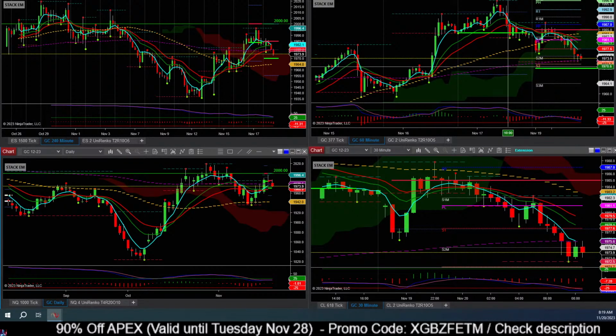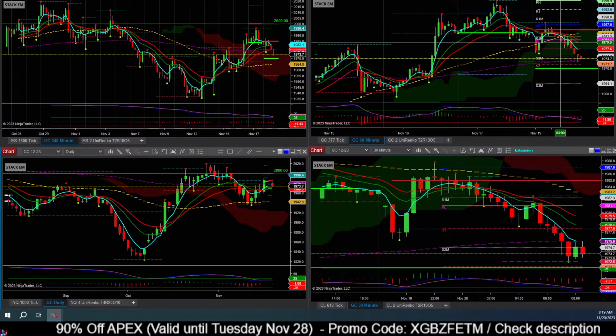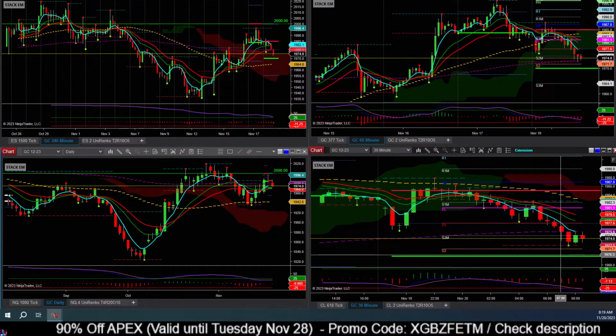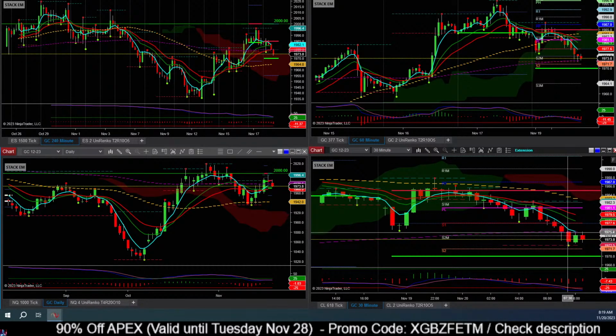We're right at a resistance here at the 200 level, crossed the 50 and moved down there. And in the 30 minutes, in the last hour, we are doing an inside bar here. So we'll see where it's gonna break.